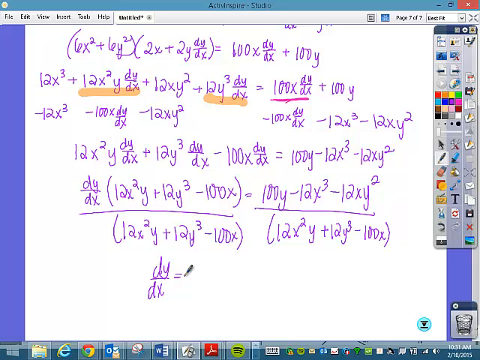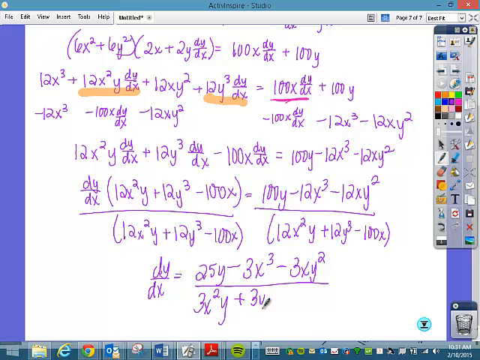So I'm going to reduce all of those by 4. I'm going to divide out a 4 from all of them. So 100 divided by 4 is 25y minus 12 divided by 4 is 3x cubed minus 3xy squared over 3x squared y plus 3y cubed minus 25x. And whoa, mama, that is your final answer.